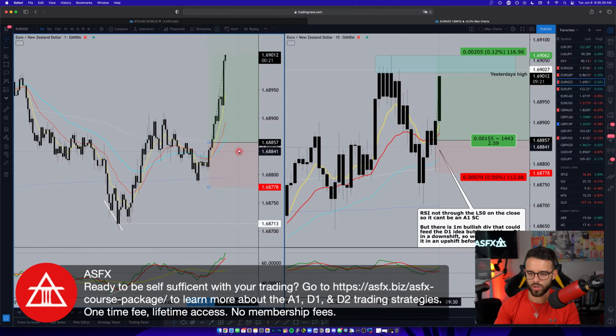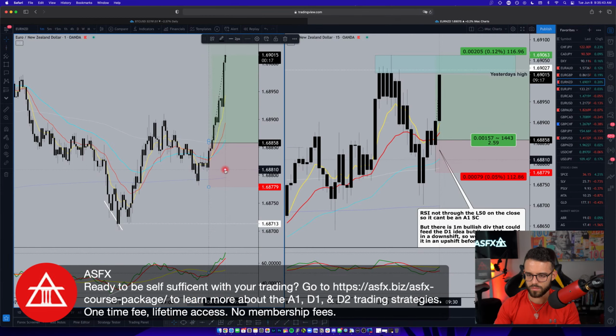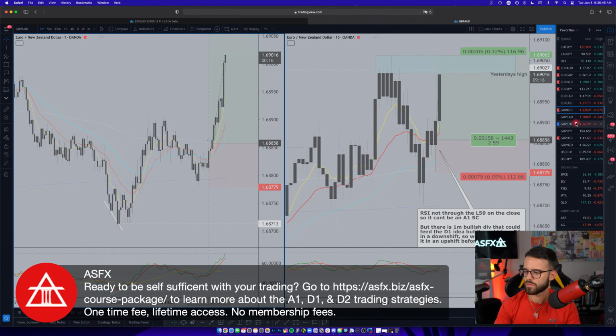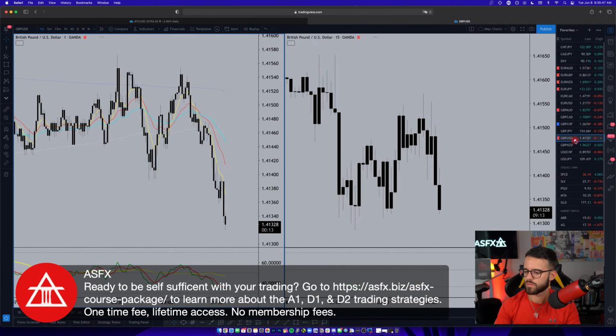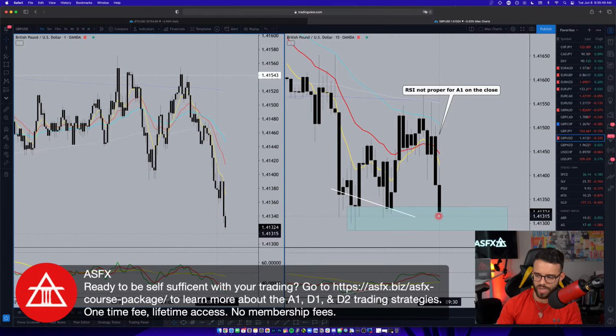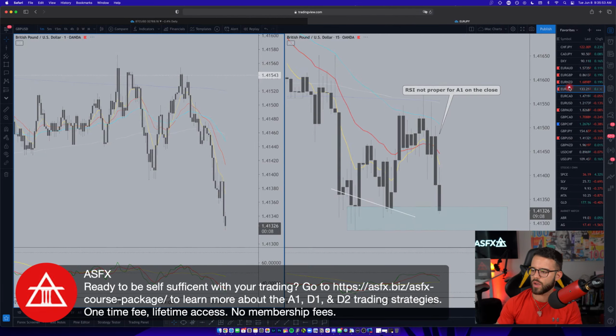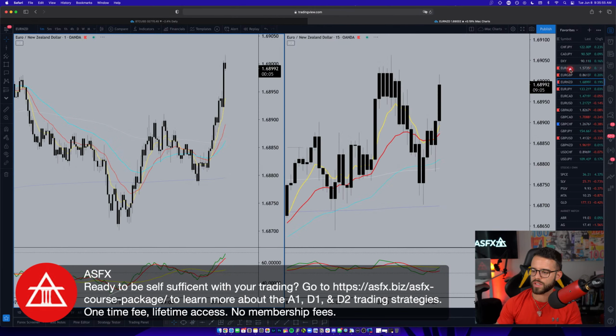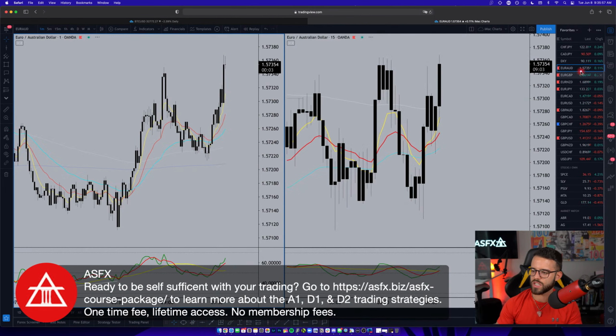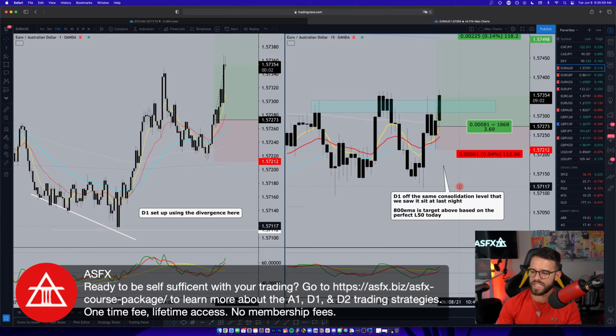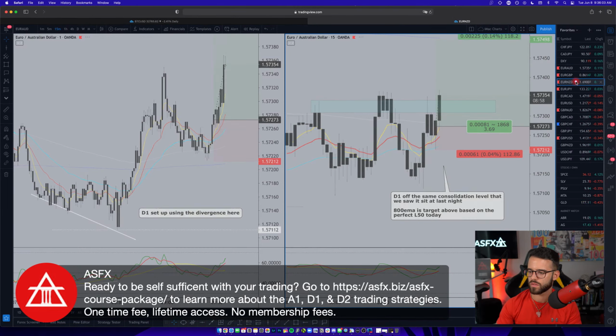EN already pumping up a little bit here. GU coming down towards low of day as well. Still not through on the RSI. So this one is definitely not a trade that we could be in. The only trades that we could be in right now would be EN as a D1, or my preferred one is EA as a D1.